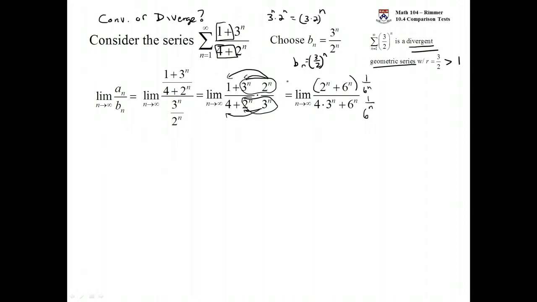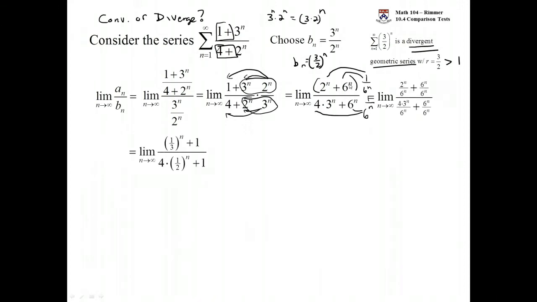So what happens then? Distribute that across. 2 to the n over 6 to the n, plus 1. 4 times 3 to the n over 6 to the n, plus 1. The 2 to the n over 6 to the n can be put together as 2/6 all raised to the n, and that's how we end up with (1/3) to the n.